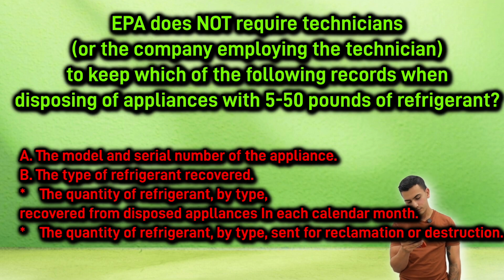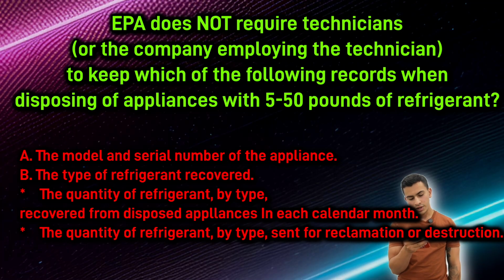Number 15. EPA does not require technicians or the company employing the technician to keep which of the following records when disposing of an appliance with 5 to 50 pounds of refrigerant.